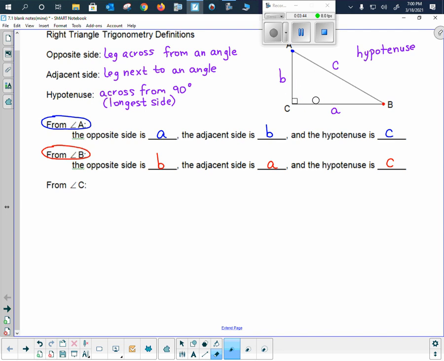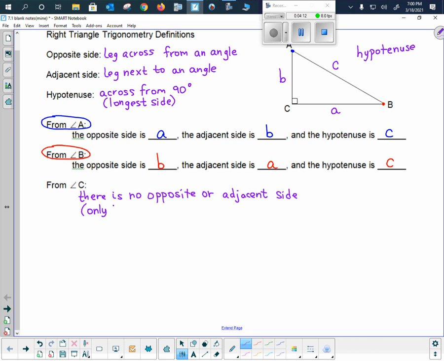Okay, so let's put all of that down here. So from angle C, we'll say there is no opposite or adjacent side. There's really only the hypotenuse. And think of them as like names, right? You wouldn't want somebody to call you a different name than was given to you.